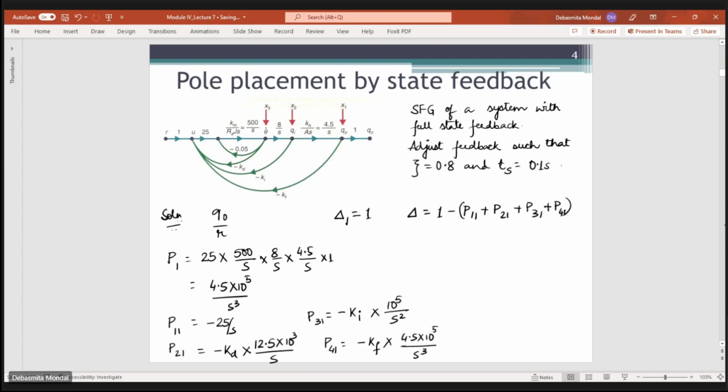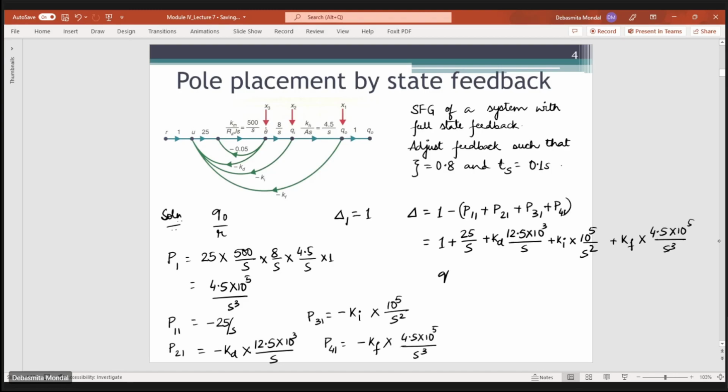So this delta will come out to be 1 plus 25 by S. So this is the delta.